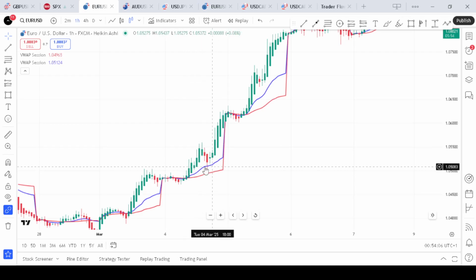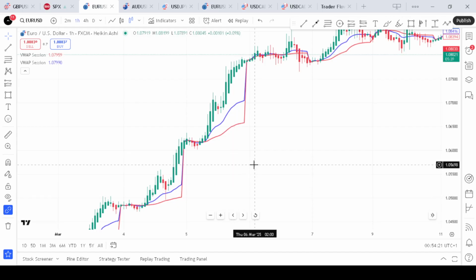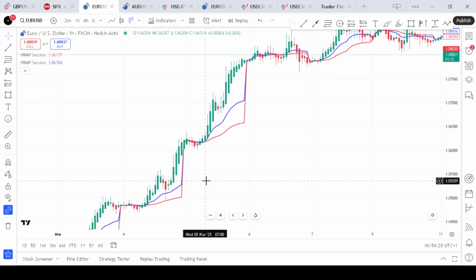So once price pulls back to the short-term VWAP line for a long trade, you would want to enter your long position because it indicates an upward bias. Once price reaches the short-term VWAP, check the Heiken candlestick for confirmation. A green candle with no long shadow signals bullish momentum and can serve as an entry trigger.